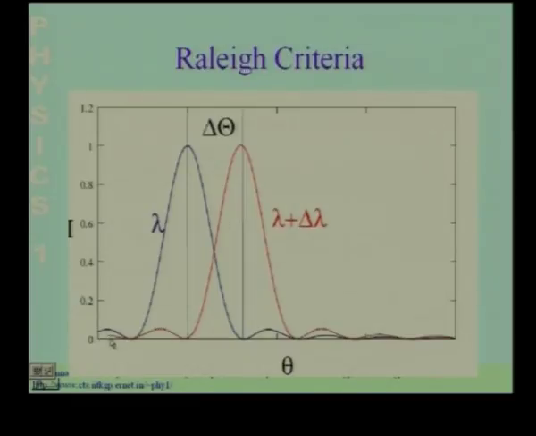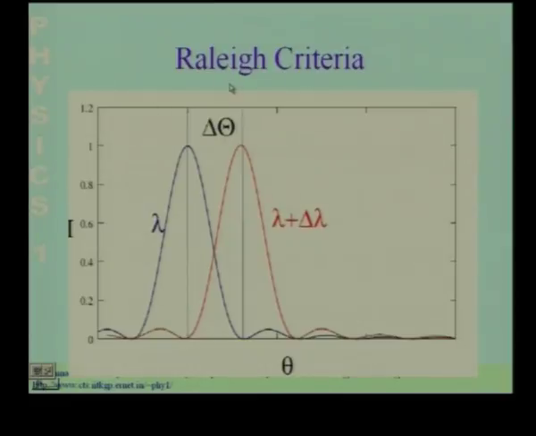The blue curve over here shows you the diffraction pattern, the intensity pattern that would be produced by one of the stars. It has a maximum at theta equal to 0, let us say. Now, we have another star at a different angle. So, it would produce its own diffraction pattern, which is the red curve shown over here. The two diffraction patterns would be displaced by an amount corresponding to the angular separation of the stars.